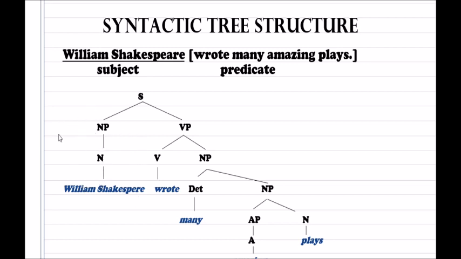Okay, now we are done with the subject. Let's move on to the verb phrase, which is a bit complex. Under the verb phrase is the verb wrote. That is the head of the verb phrase, wrote. Next, the verb phrase consists of a noun phrase. And the noun phrase consists of a determiner and another noun phrase. Why? The determiner is many.